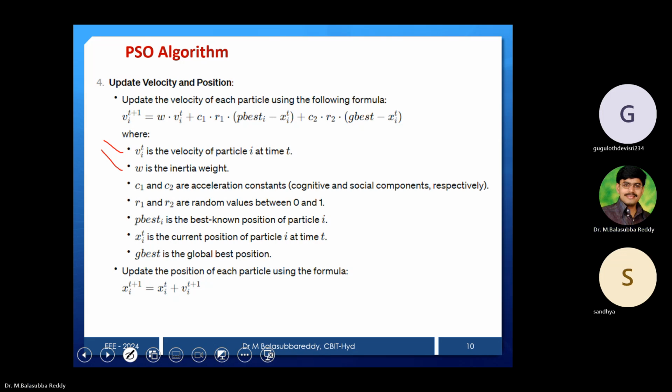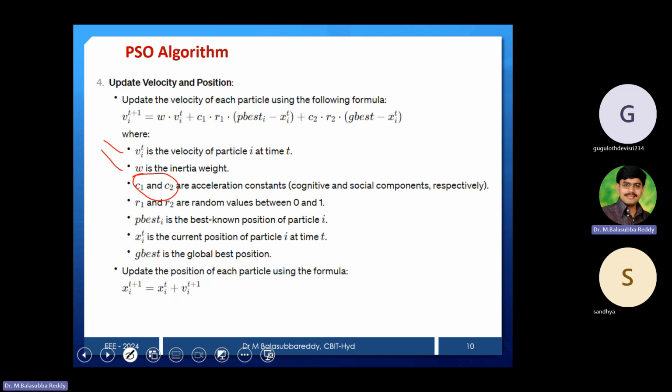This is the method I am going to use at a later point of time. C1, C2 are fixed constants as per the basic PSO algorithm. Later, we will see the constriction factor approach. In the constriction factor approach method, we are changing the C1, C2 values. C1 and C2 are acceleration constants.